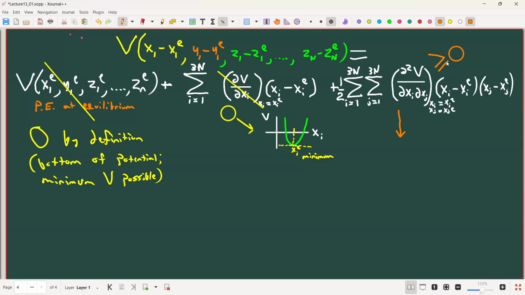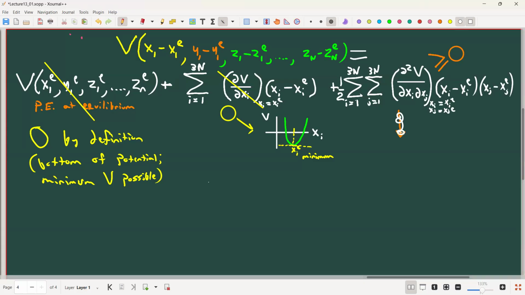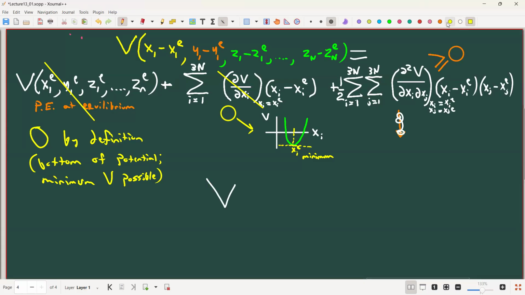And we have an idea of what this second derivative is from our diatomic potential. So what I can do now, let me simplify this, in a different color.